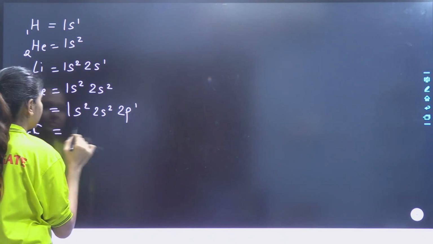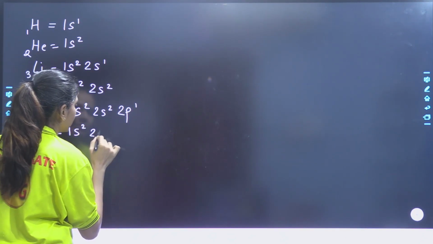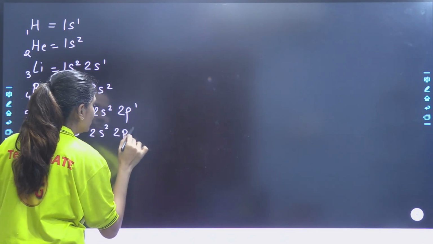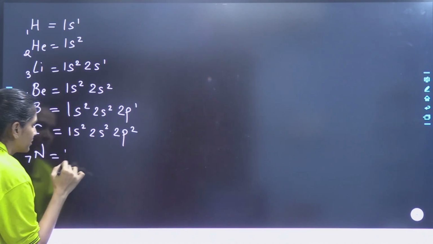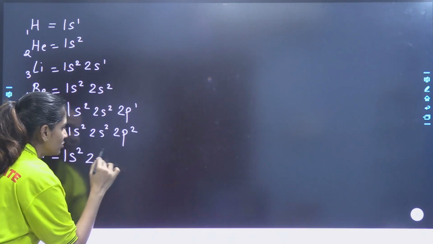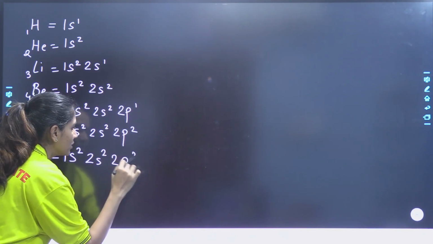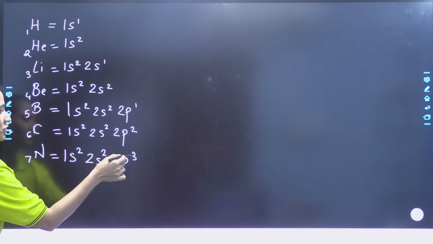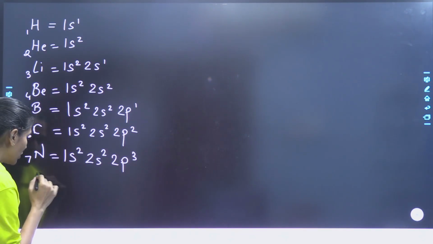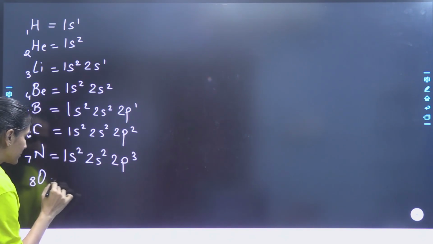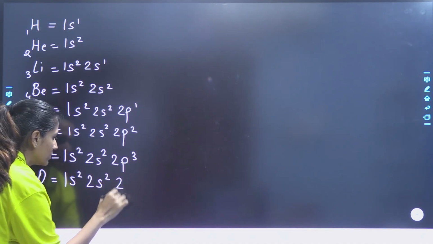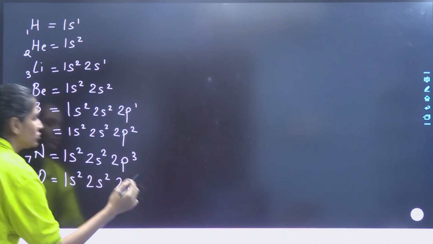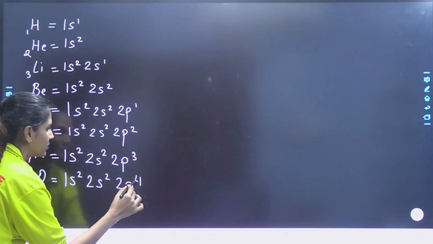Next is carbon: 1s2, 2s2, 2p2. Nitrogen: 1s2, 2s2, 2p3. See, 2, 4, 5, 6, 7 electrons. Oxygen: 1s2, 2s2, 2p4.